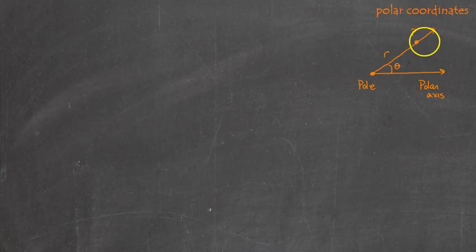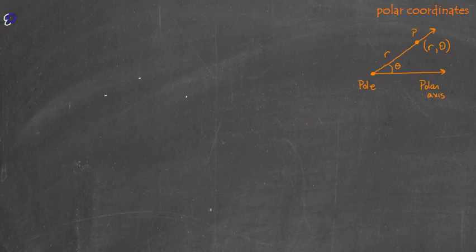And like Cartesian coordinates, they have an ordered pair, and the pair is to give the magnitude, or the length from the pole to the point, and the angle theta.